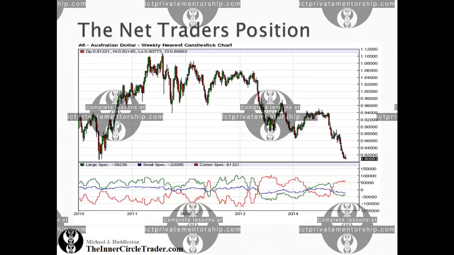To make it easy, they have essentially about 100,000 contracts net long here on the Australian dollar. In other words, they may have 300 thousand contracts of interest in the Australian dollar, but on a net long basis, they have 100,000 more longs than they do on the other side.